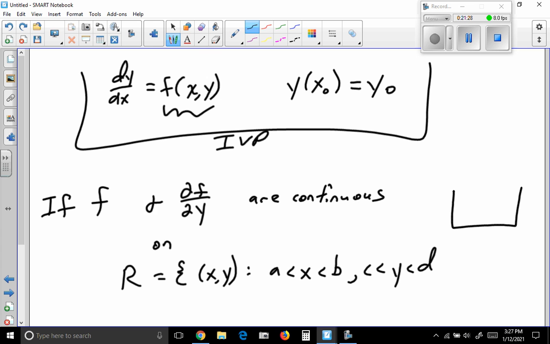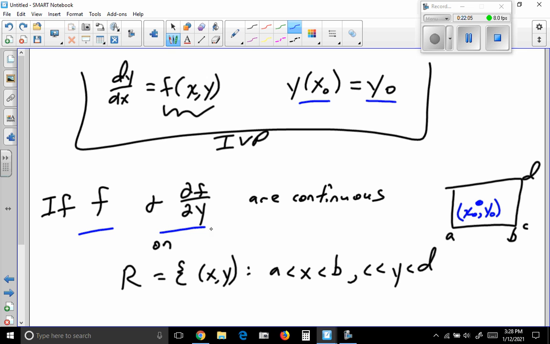So basically that gives us a rectangle, points from a to b, c to d. And that rectangle contains the point somewhere in there, x naught, y naught. One thing that's important to note is that x naught, y naught is an interior point. It's not on the boundary of the x and y intervals that are described. So when we draw that rectangle, our initial values are interior to that.